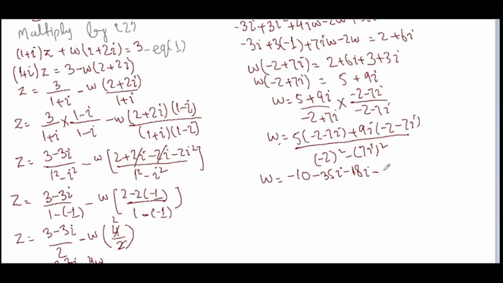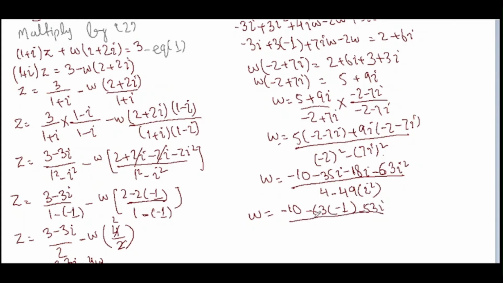Minus 9 into 7 is 63 iota square, whole divided by minus 2 square is 4, minus 7 square is 49 into iota square. w equals minus 10 minus 63 into iota square, which is minus 1, and minus 35 minus 18 give us minus 53 iota, whole divided by 4 minus 49 into minus 1.